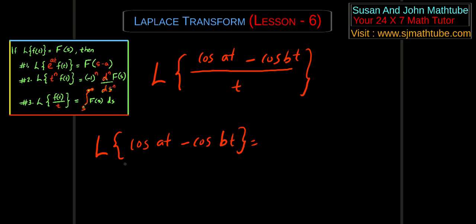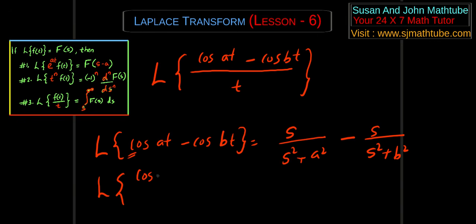Apply the linearity property, and the trick I told you: cos means it will start with s by s square plus a square, minus s by s square plus b square. Okay, great. Now I am going to write the same thing. Now I don't have to do this much drama because you already know what I am going to do. The property of dividing by t.